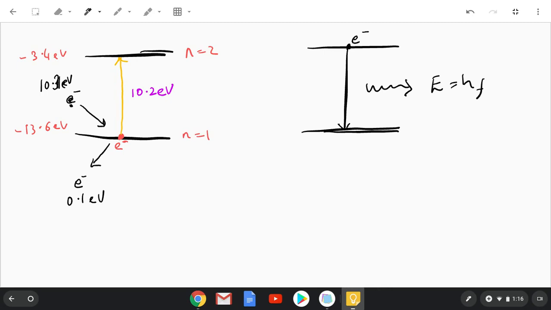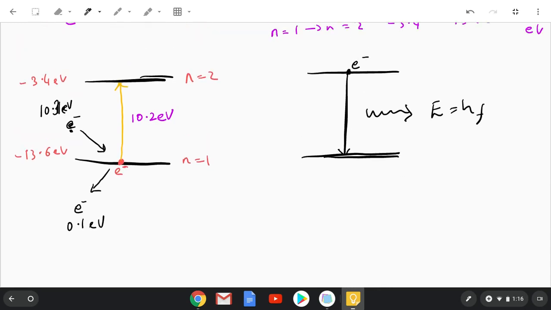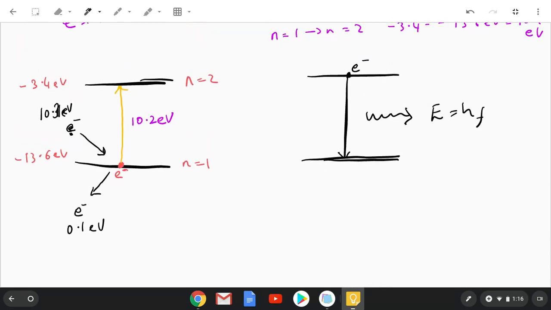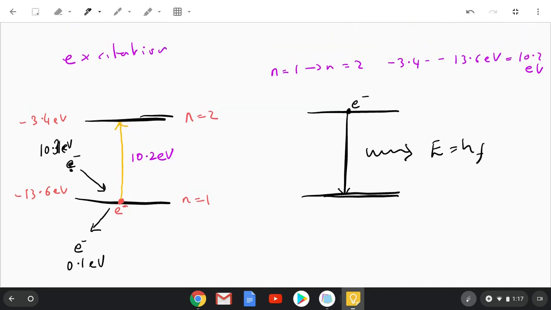Okay. Now, where is this observed? Well, when an electron de-excites from a high energy level to a low energy level, it gives off a photon. This gives rise to line spectra.